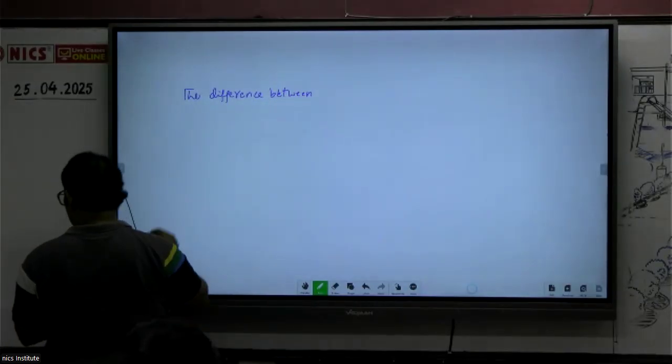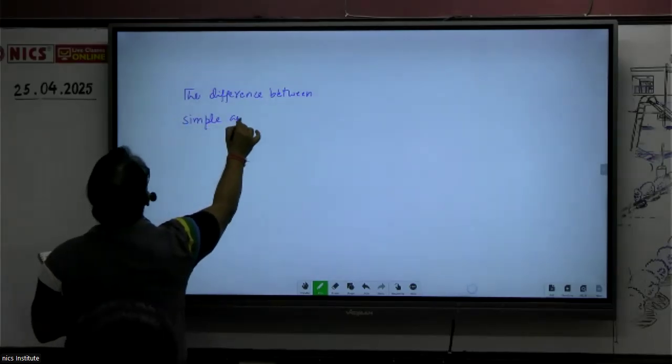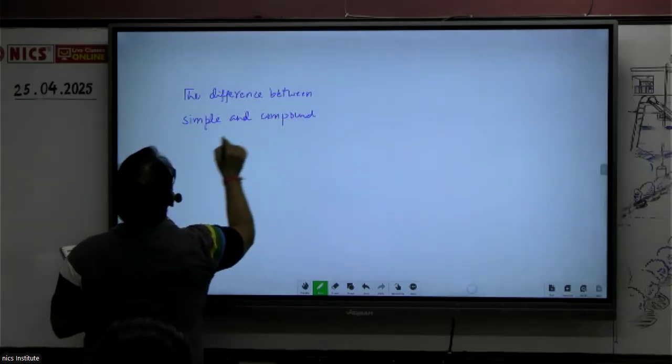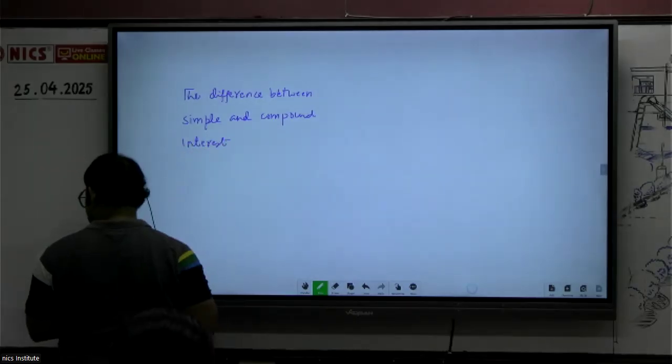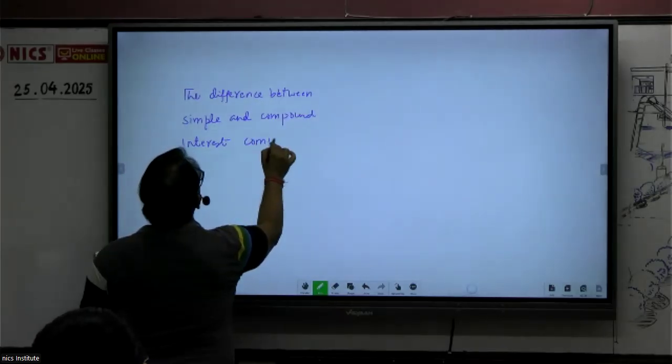Difference between simple and compound interest compounded annually.